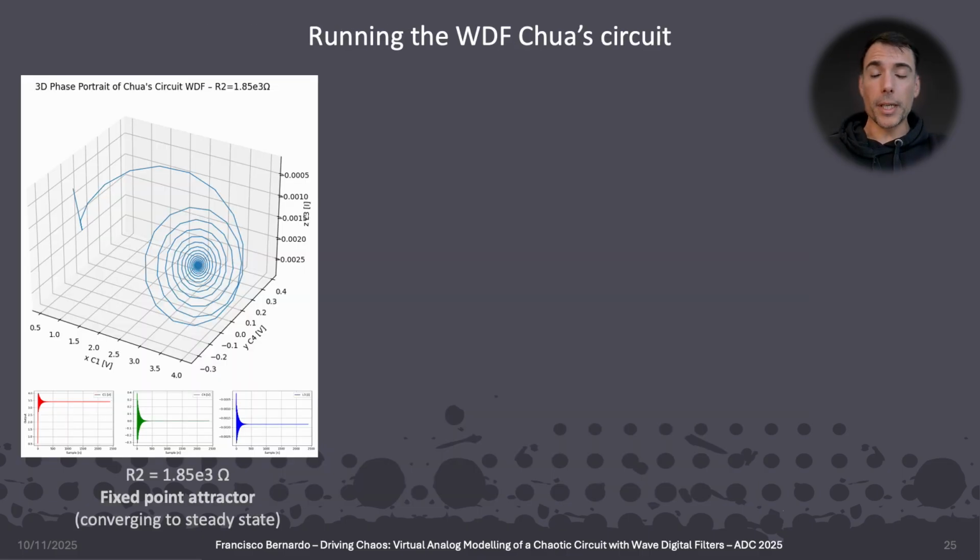So what we're going to see now is our WDF Chua circuit running in different modes configured by one single parameter, the value of resistor R2, which you can think of as a potentiometer. In the first plot, R2 is at 1.85 kilohms, and it shows a fixed point attractor evolving towards the steady state, so a very stable mode.